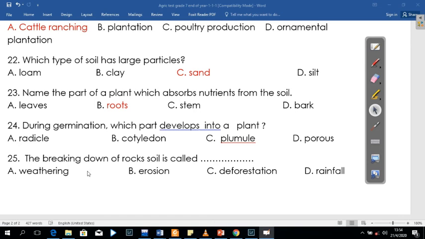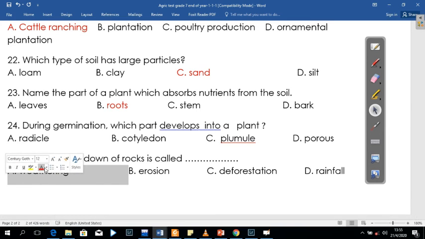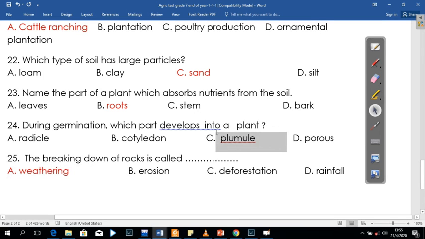On the 25th question, possibly the last one, the breaking down of rocks, of rocky soil. Okay, we have made an error here. The breaking down of rocks is called weathering. That is the breaking down of rocks, right?